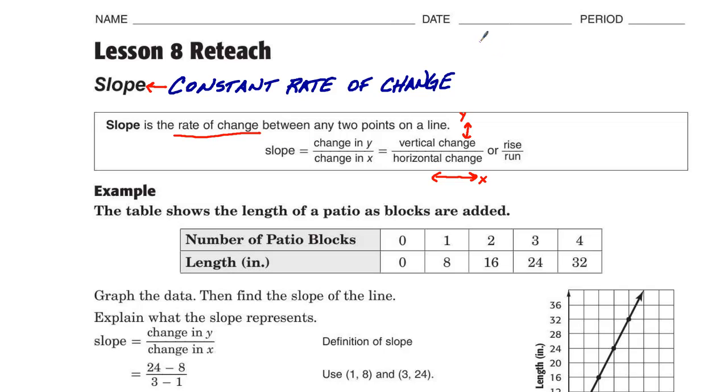We call it the delta, which is the Greek letter that mathematicians have used for the change in. So when we look at delta, we talk about the change in y. So you'll see throughout this conversation about slope, I am going to abbreviate it like this: the change in y over the change in x.